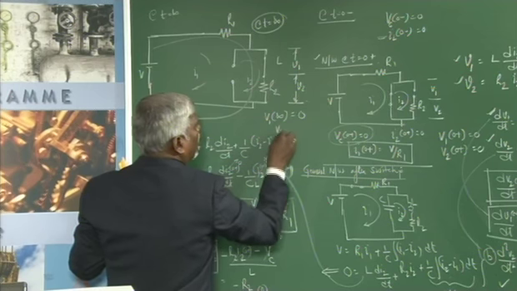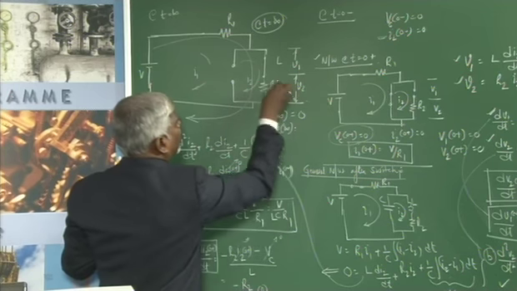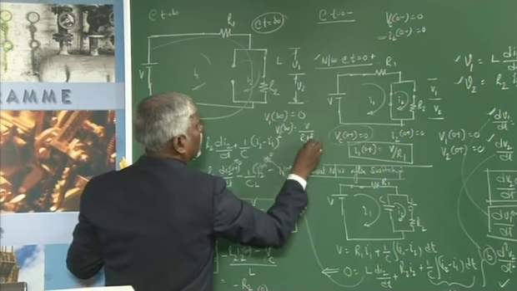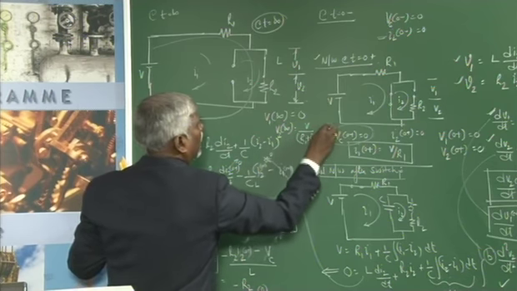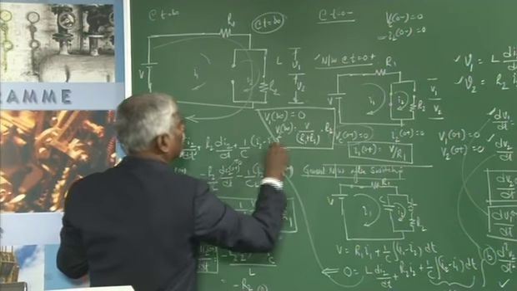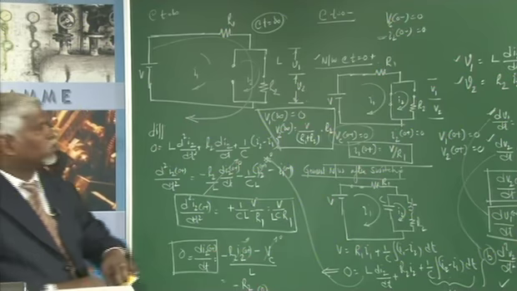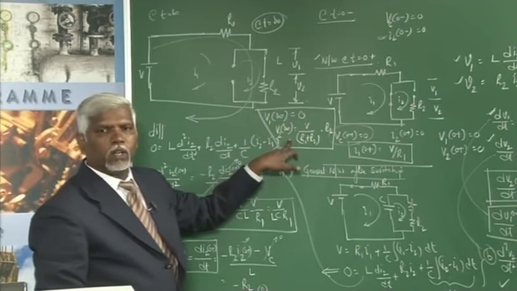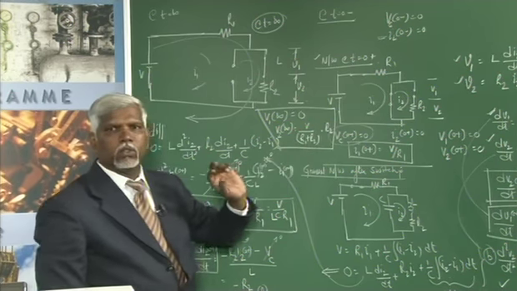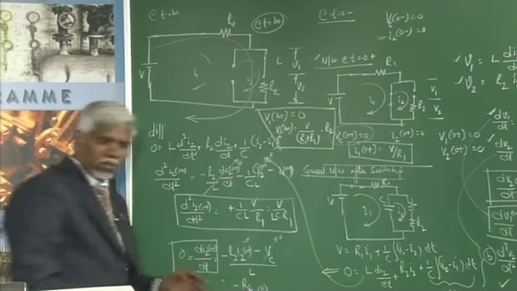So, V2 at infinity will be the current into R2, V divided by R1 plus R2 into R2. So, V1 at infinity is 0, V2 at infinity will be V into R2 divided by R1 plus R2. So, we have evaluated all the values that were expected.